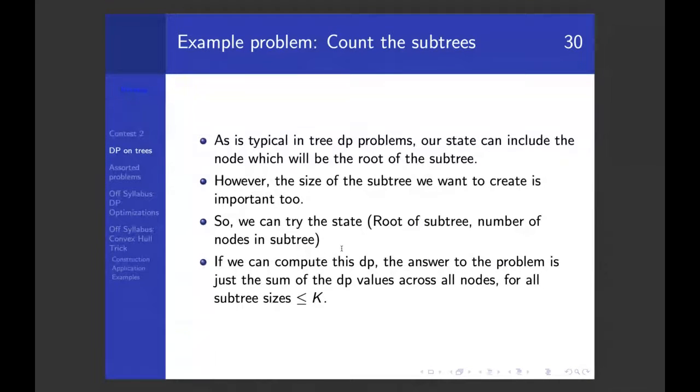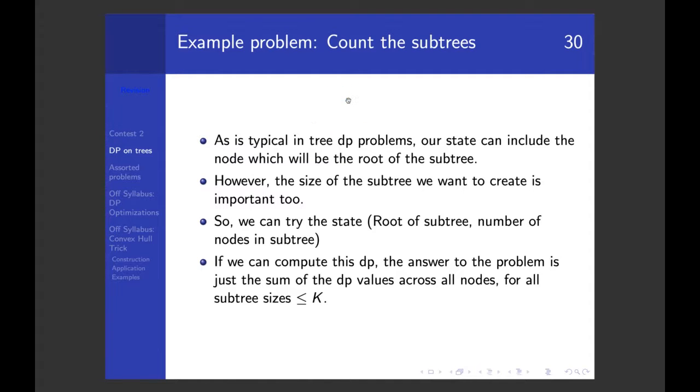But if we can compute this DP, then what's the answer to our problem? Well, it's just the sum across all nodes of the DP values for all subtree sizes. That is because every subtree in the tree has some root. So if we just add up the DP values across all nodes, we'll get all subtrees.